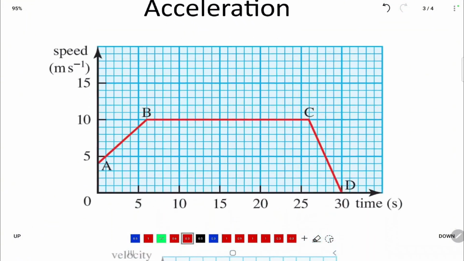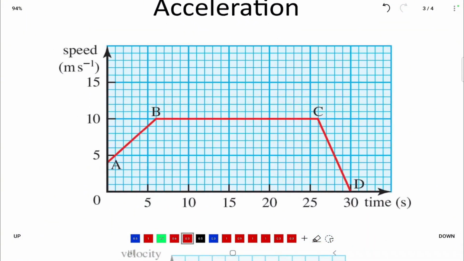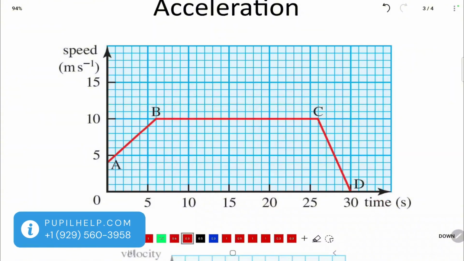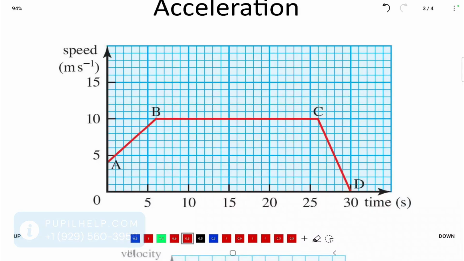We studied also the acceleration, which can be extracted from the speed-time graph.